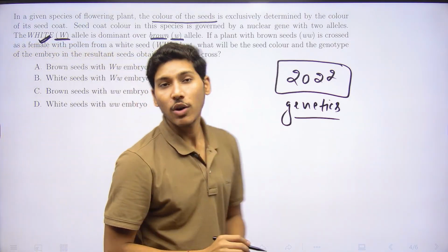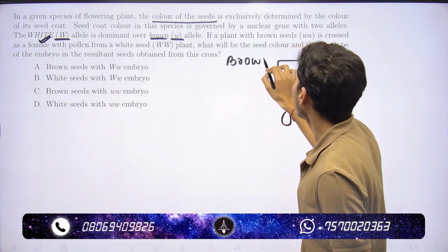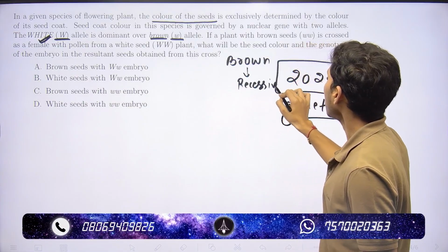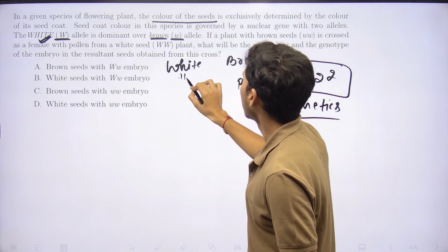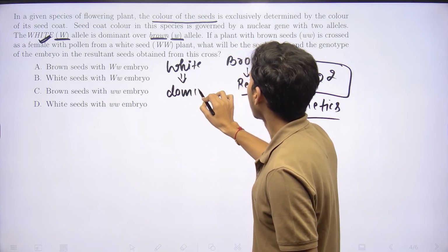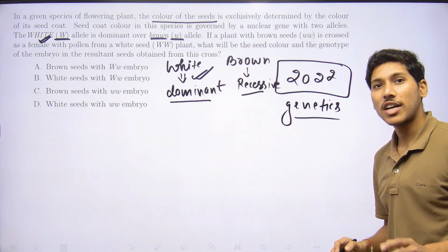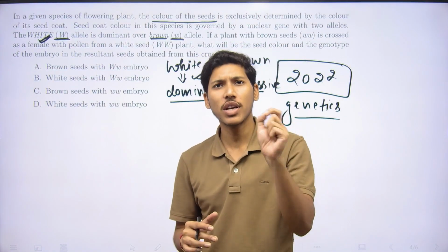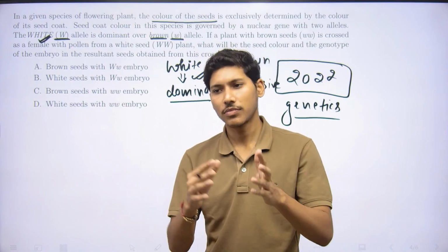Okay. Now they are saying that brown color is recessively inherited, while white color is dominant. So we know that the dominant color will be expressed mostly because only one of the alleles can give this characteristic in the progenies.